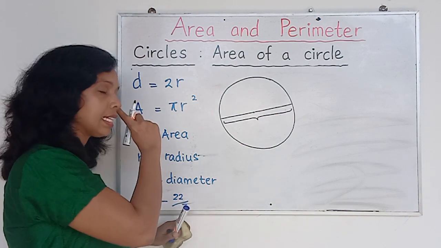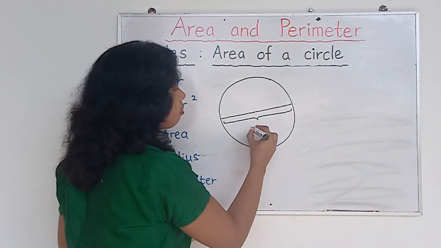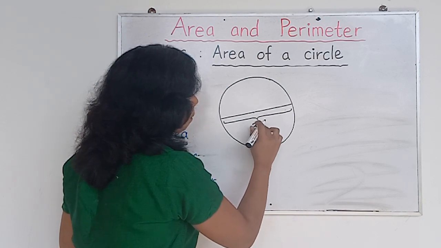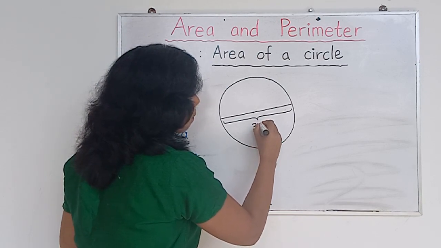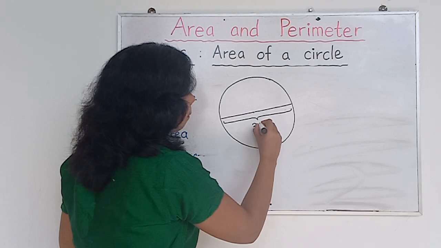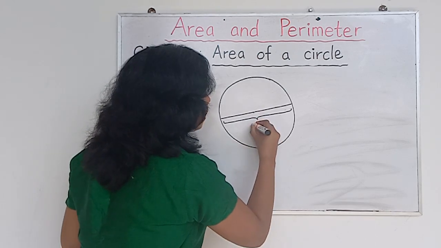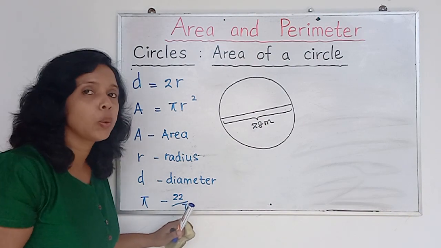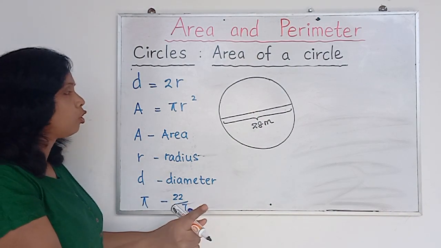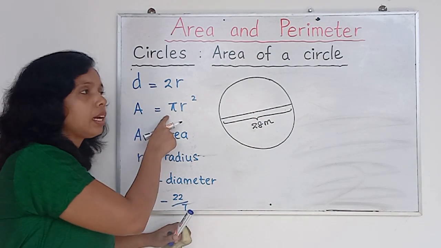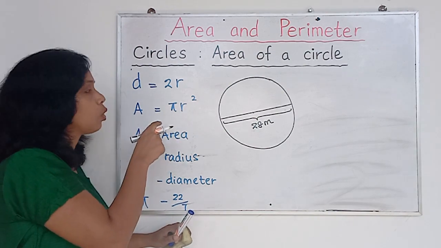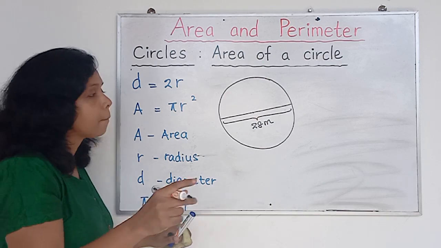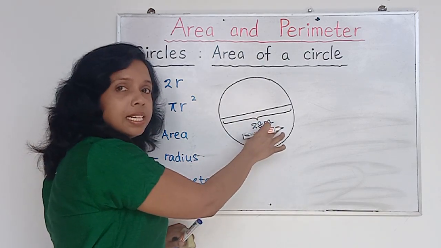Let's say it is 28 meters. They have given 28. What is the formula we want to use? Area equals πr squared. Right? So πr squared. You want to have r, but they have given diameter here.